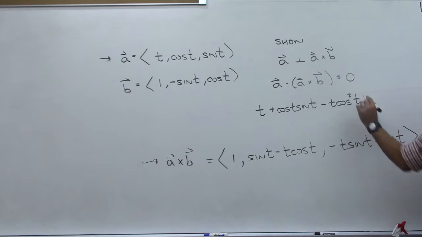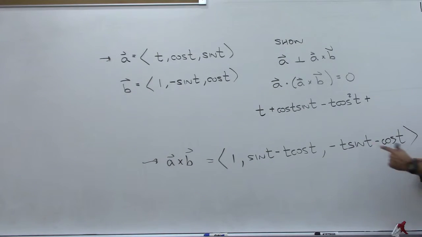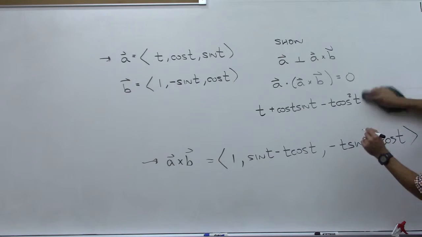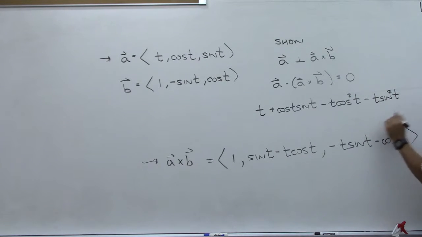And then plus now sine T times this. So when I multiply this times sine T, I actually get negative T sine squared T. And then when I multiply this times sine T, I get minus sine T cosine T. And I need to show that that's 0.